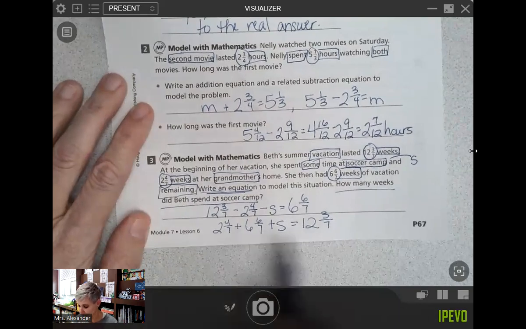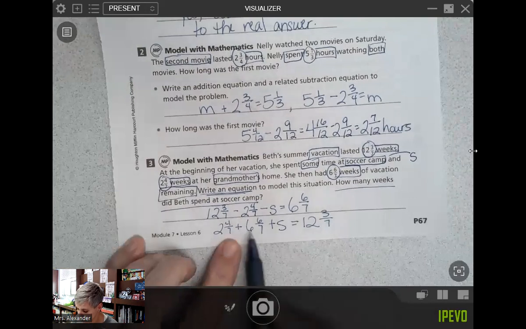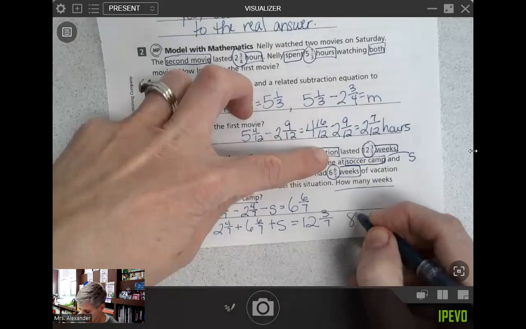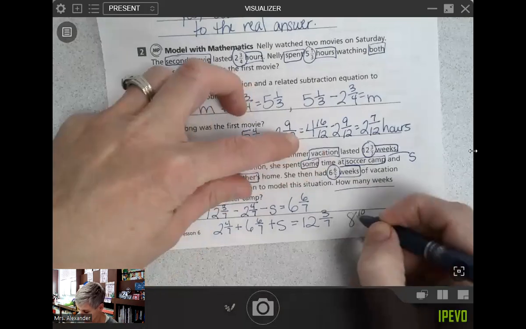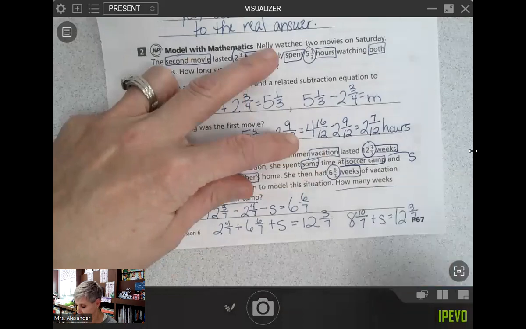They're all sevenths, so let's see. I'll do this one. 2 plus 6, that's 8. And 10/7 plus soccer camp equals 12 3/7.